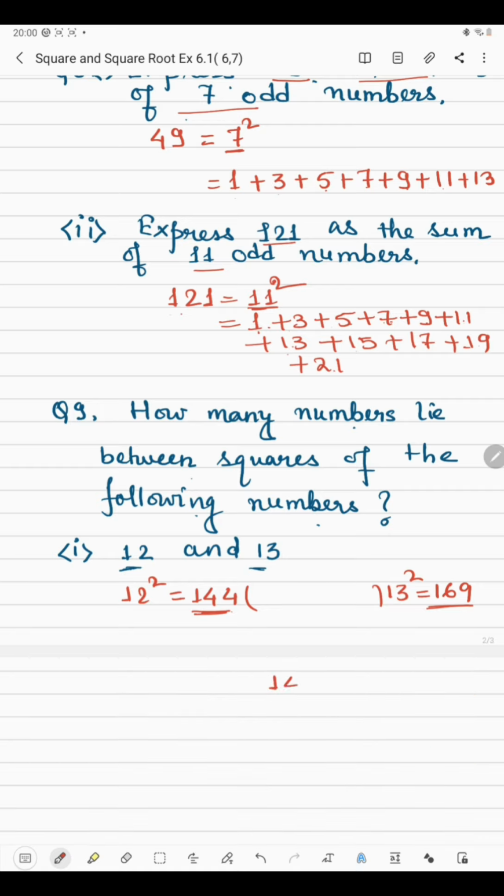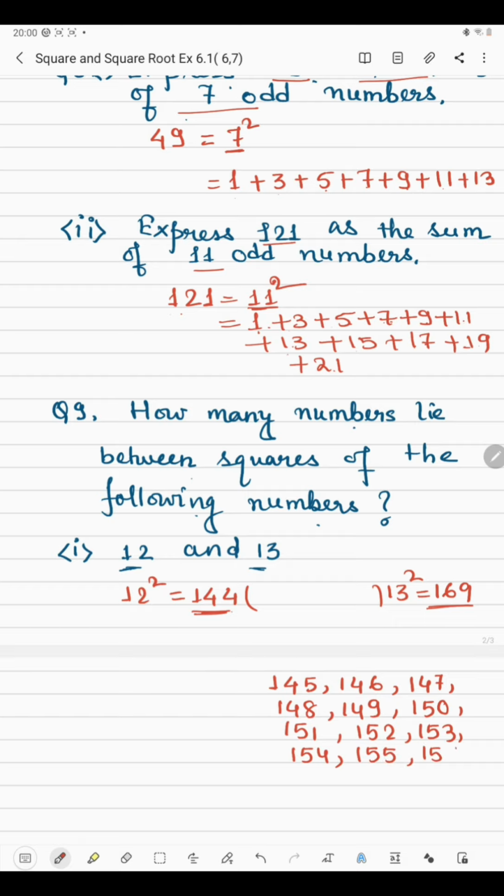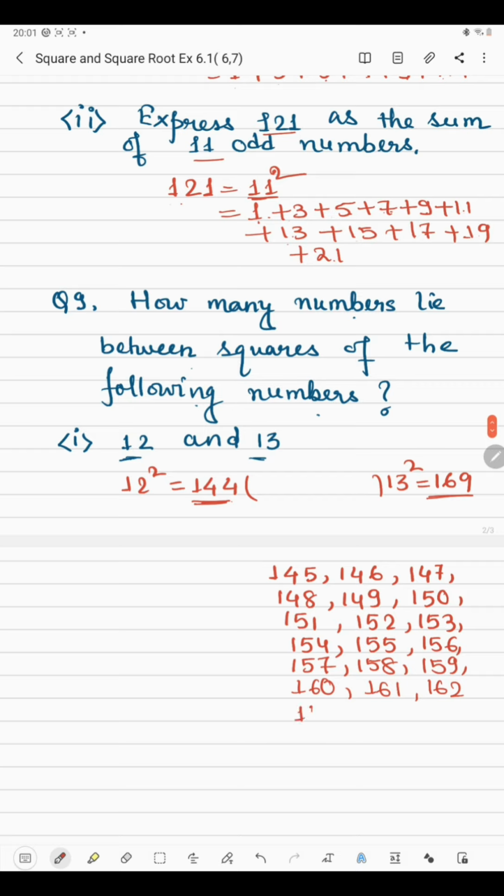So here is 145, 146, 147, 148, 149, 150, 151, 152, 153, 154, 155, 156, 157, 158, 159, 160, 161, 162, 163, 164, 165, 166, 167, 168. So all totals, how many numbers are there?